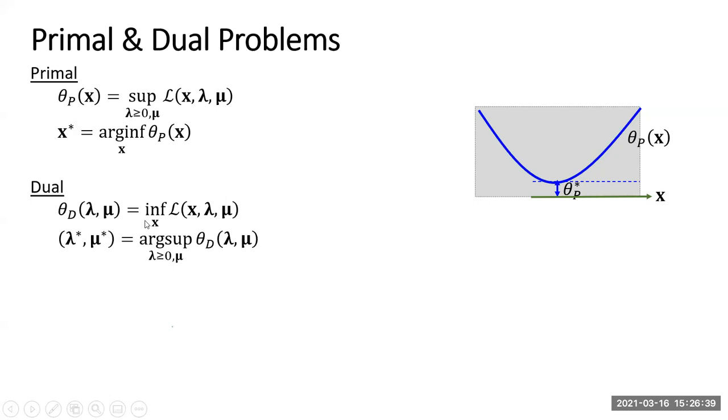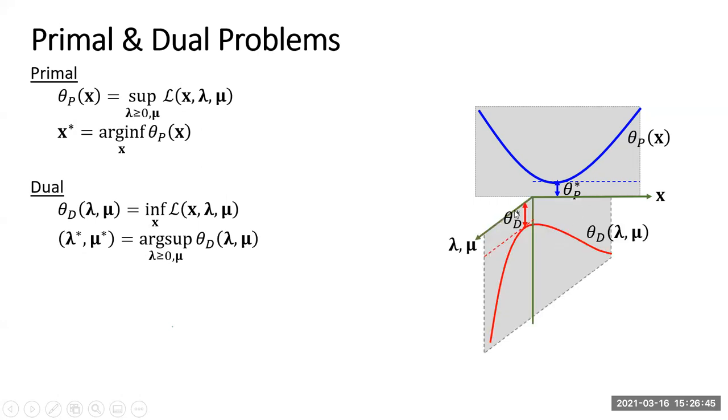Now this is the dual, and it's a function of lambda and mu. This axis represents the lambda comma mu axis, just for simplicity. And this is the dual, theta d of lambda mu, a function of the dual variables.